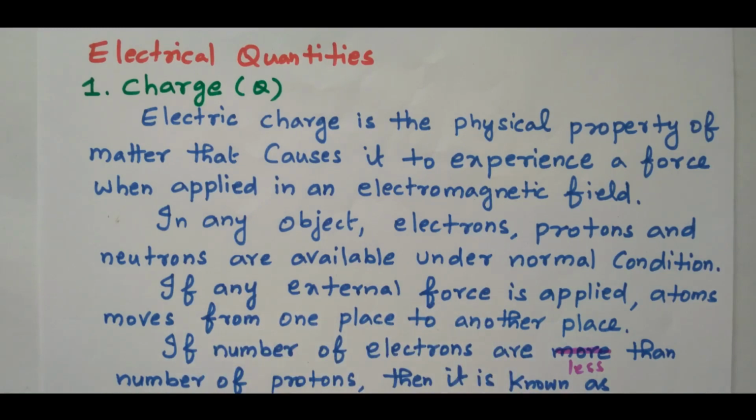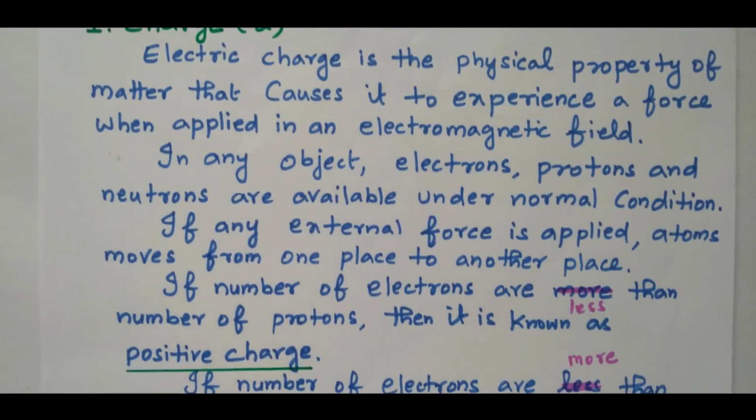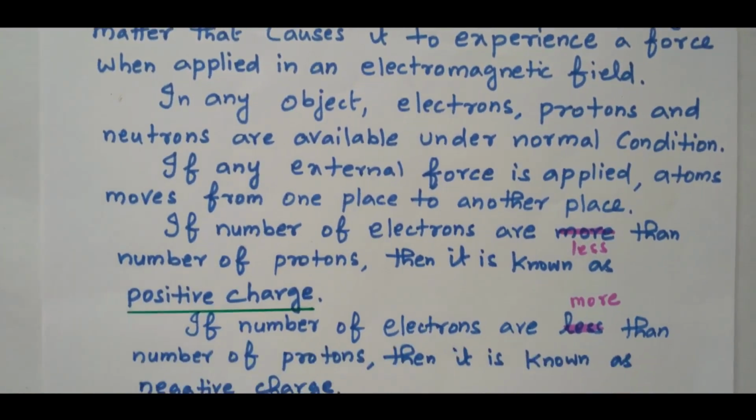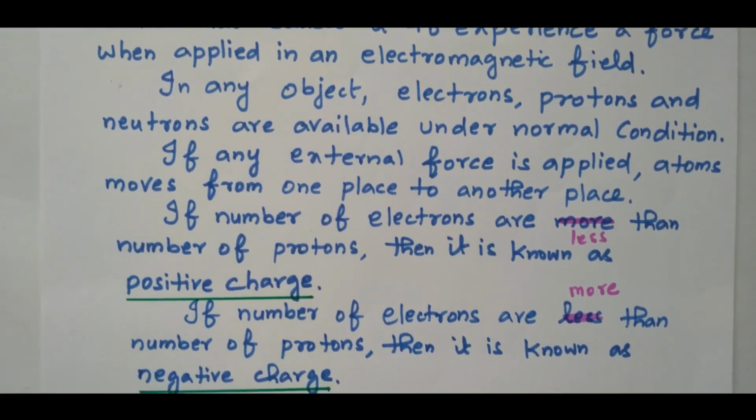So while applying the external force, what will happen? The electrons are moving from one place to another place. Due to this movement, if the number of electrons is less than the number of protons, then it is known as positive charge. The number of electrons is less, protons are more. You know that proton is positively charged.